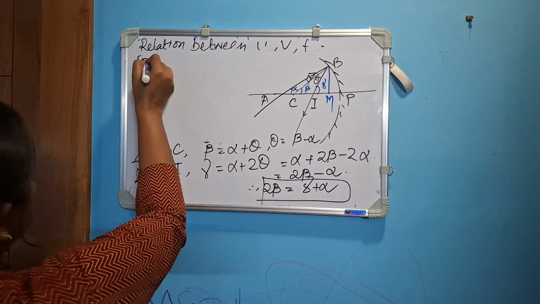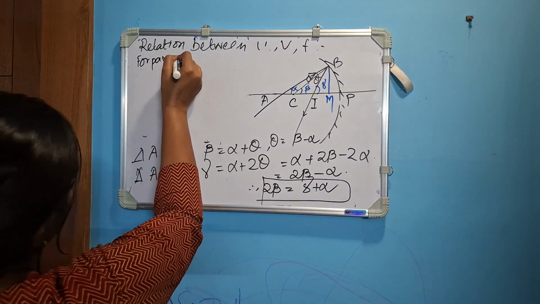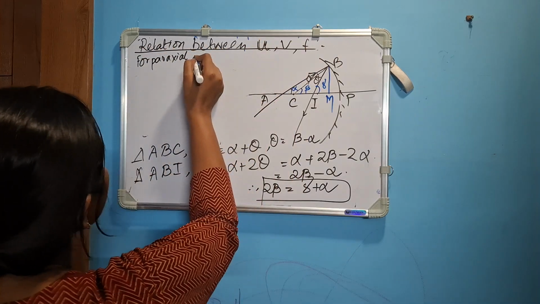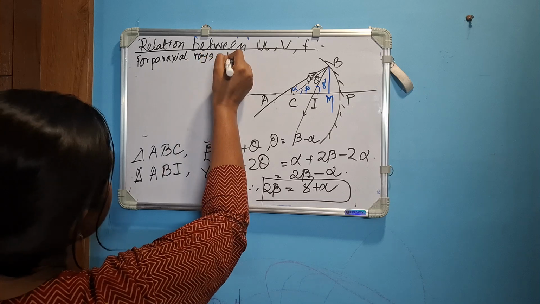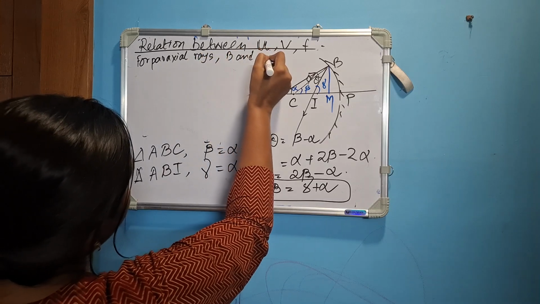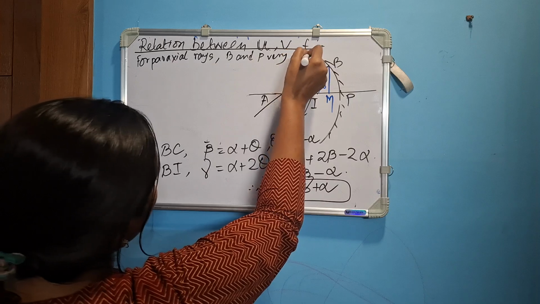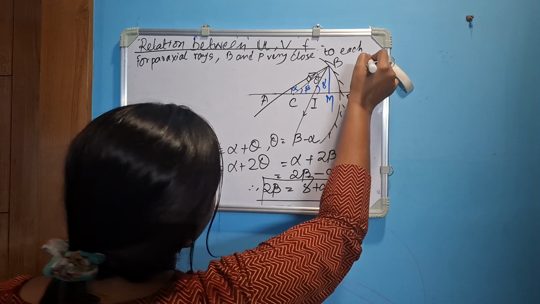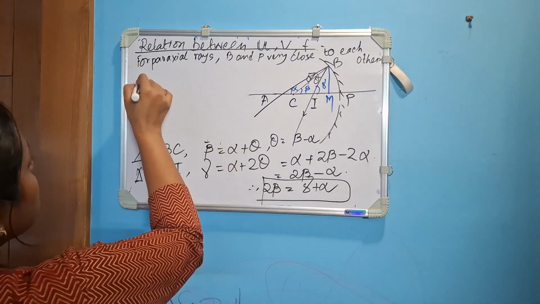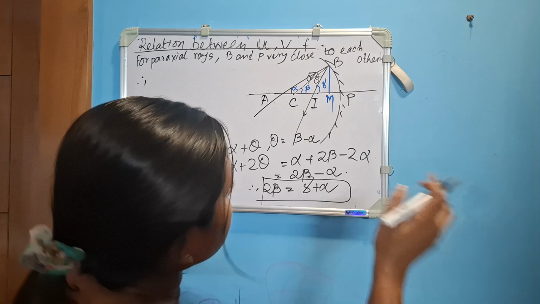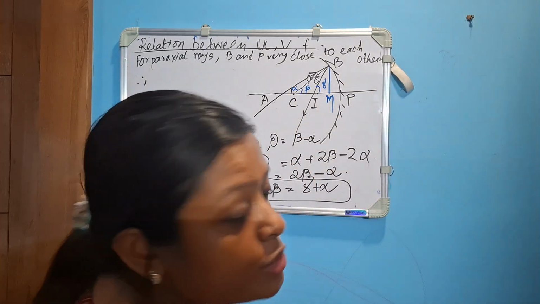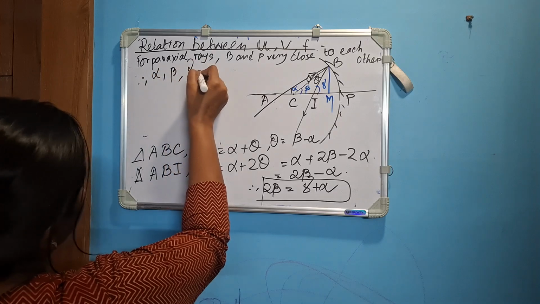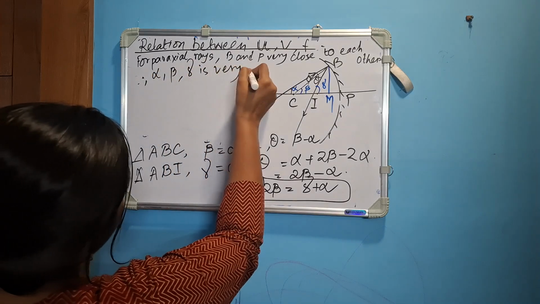So the values of alpha, beta and gamma are very small.